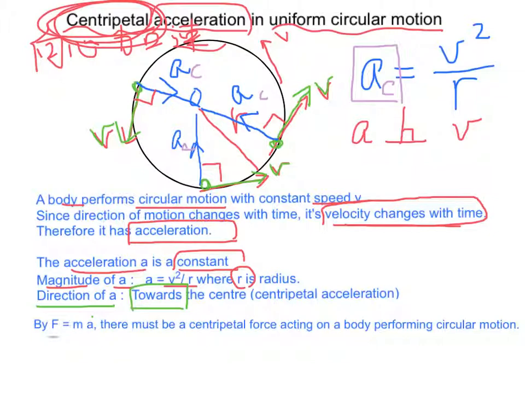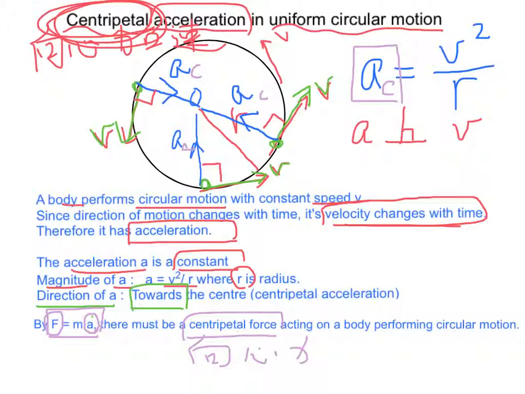By Newton's second law, F equal to ma. If there is an acceleration, there must be a force producing the acceleration. If the acceleration is called centripetal acceleration, then there must be a centripetal force 向心力 acting on the body to perform circular motion.